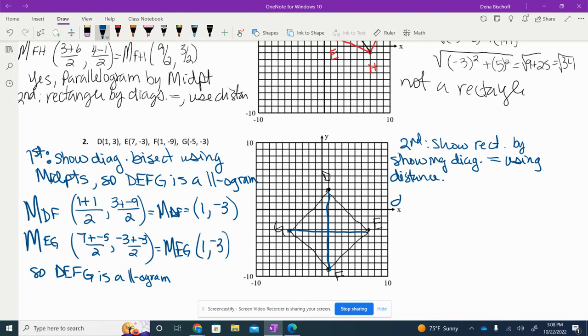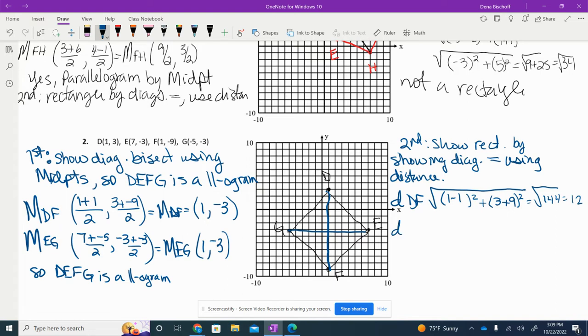So the distance of DF: sorry, it's 1 minus 1, not a negative. 1 minus 1, the quantity squared, plus 3 minus a negative, which is plus 9, squared. So 1 minus 1 is 0, and 0 squared is still 0. 3 plus 9 is 12, 12 squared is 144, and the square root of 144 is 12.